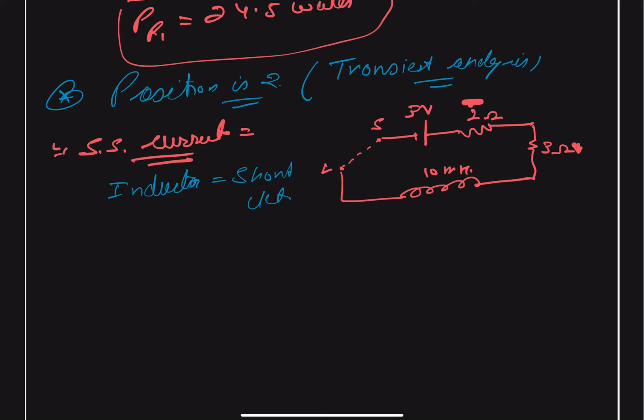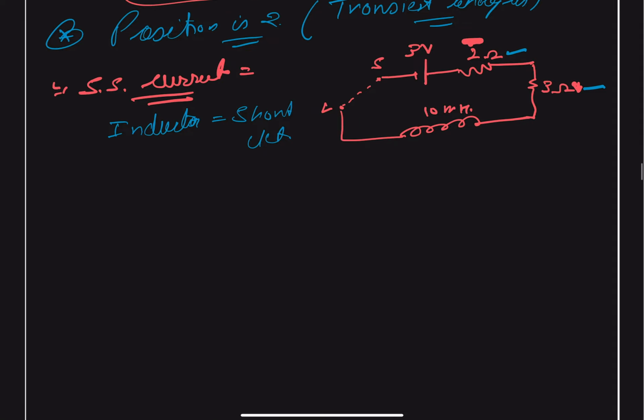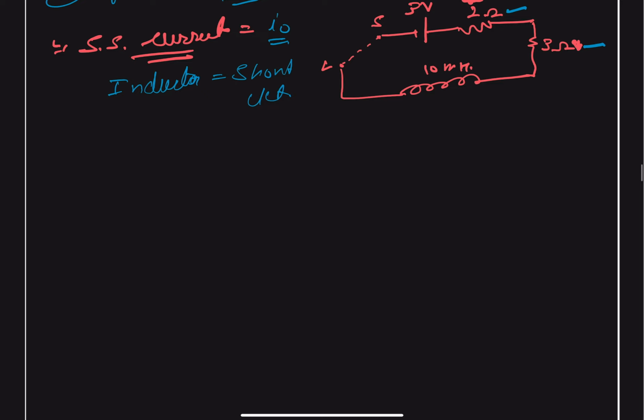Therefore, the only values which will be affecting the value of the current will be the combination of the resistance 2 ohm as well as 3 ohm. So let us call that steady state current I naught. So we can say our I naught will be equal to the voltage divided by R equivalent. So voltage is 3, and here we have 3 plus 2, and this gives us 3 divided by 5, which comes out as 0.6 amperes.